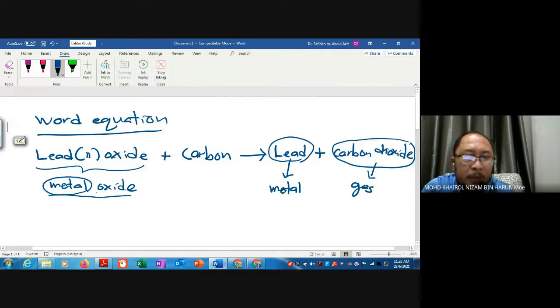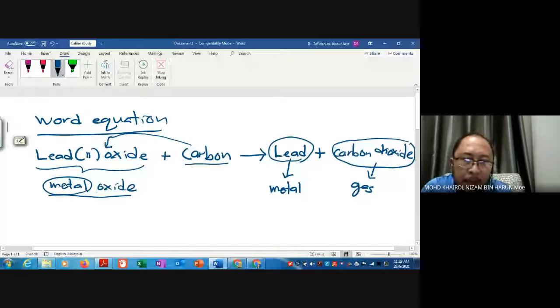So when lead oxide, the metal compound, reacts with carbon, what exactly happens is that carbon is more reactive, so it can reduce lead from the oxide. Carbon that is more reactive can reduce lead from the metal compound.